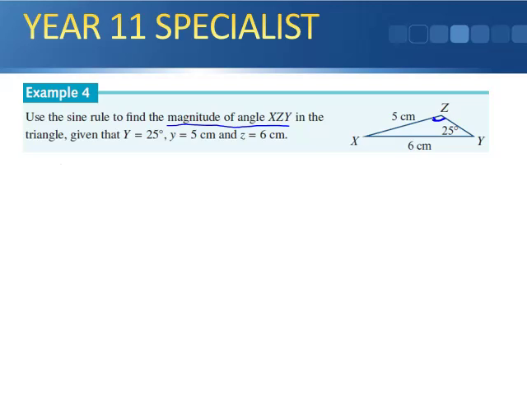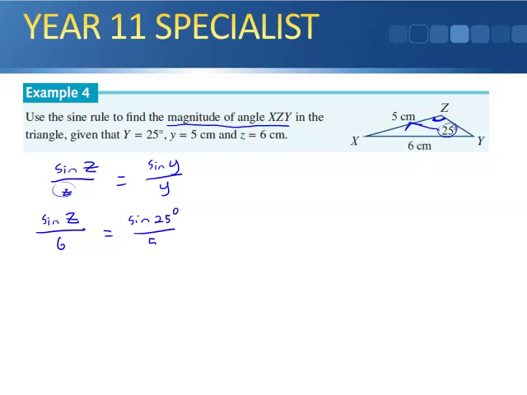So this time I'm going to write sine Z first, because that's what I'm finding, divided by the length Z, equal to, and I've got angle and side there, which is angle Y, so sine of Y divided by the length Y. So filling it in, I get sine Z. And the reason I do this is because we're always going to be multiplying to get rid of this bottom one. Divided by 6 here equals sine of 25 degrees divided by 5.